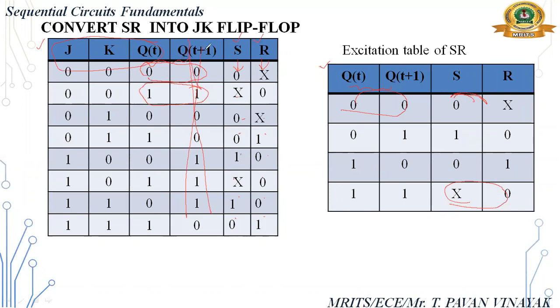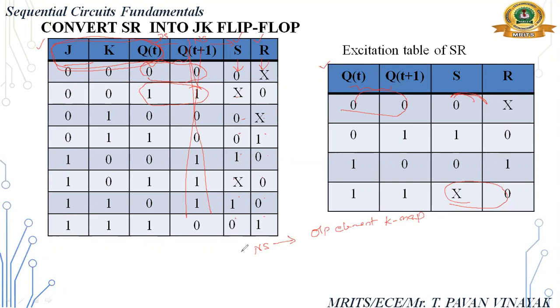Only consider the rest. The left side of Q of t plus 1 are inputs, and the right side are outputs. This is the next state, present state. You have to apply the K-map for the outputs.